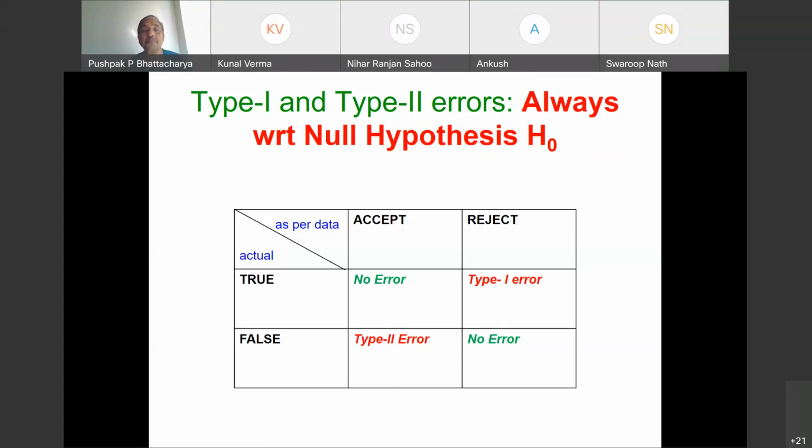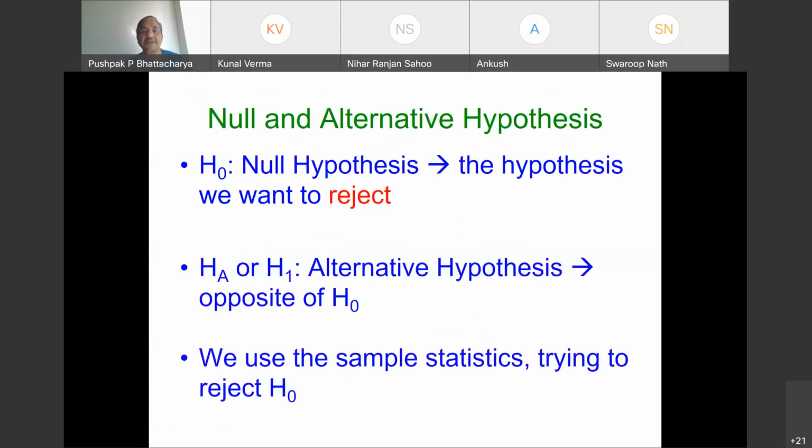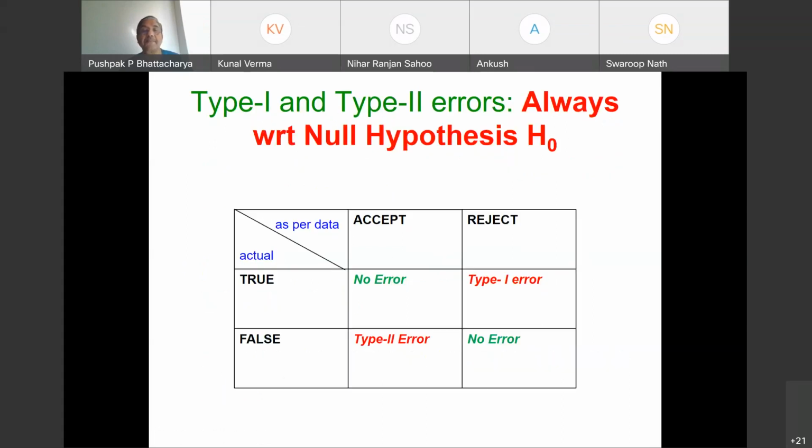We have discussed at least 3 or 4 very important terms: null hypothesis, alternative hypothesis, sample statistics, then type 1 error, type 2 error. Five important terminology. Any doubt or question with respect to these definitions?